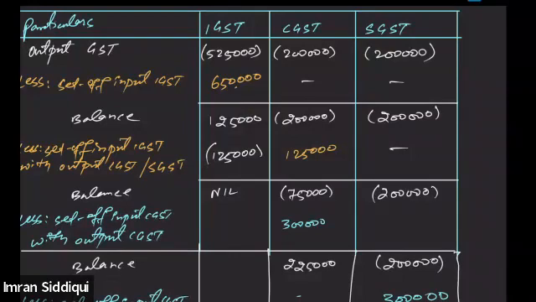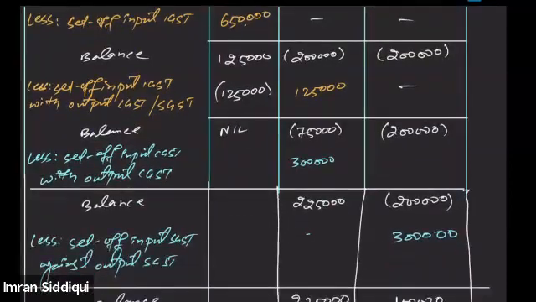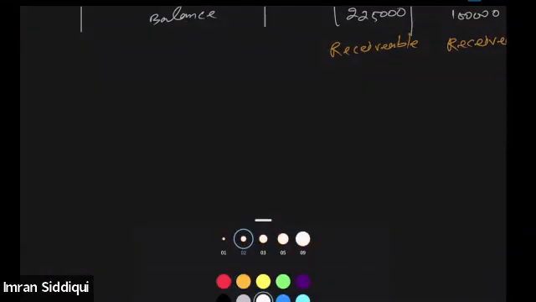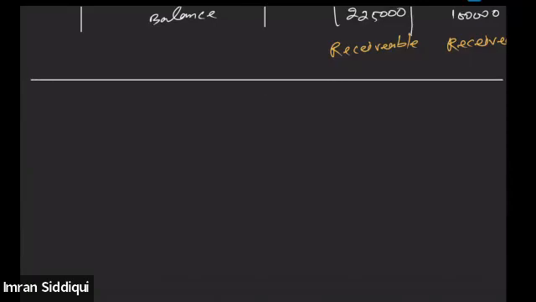So the journal entry for this, we'll pass the journal entry now. The journal entry for the first step that we did: output IGST has been utilized to the extent of 5,25,000, right? To set off the input IGST.